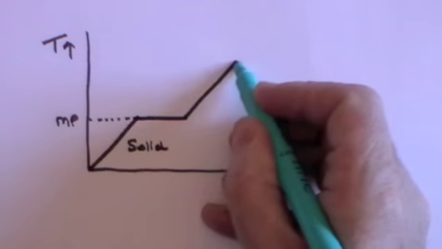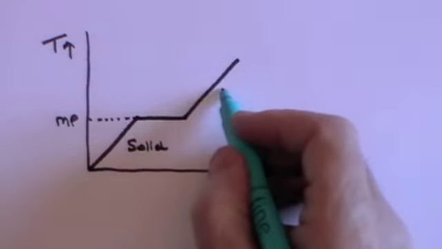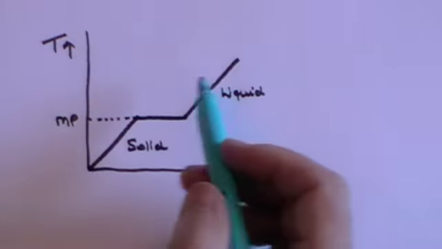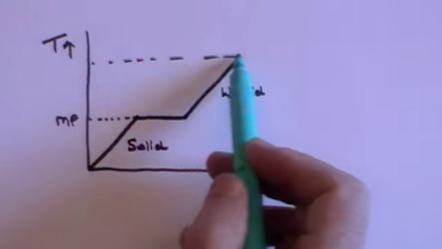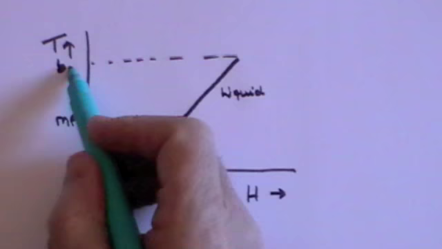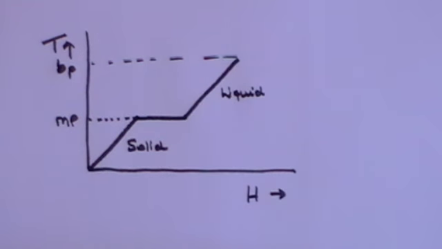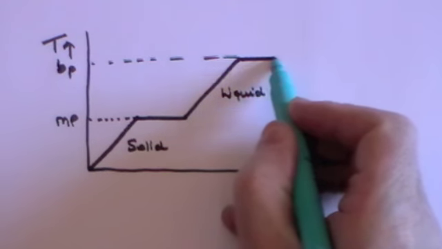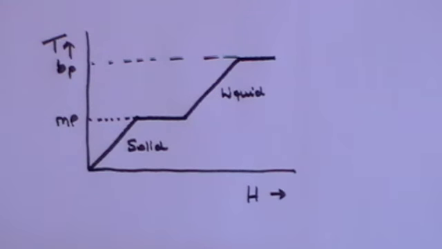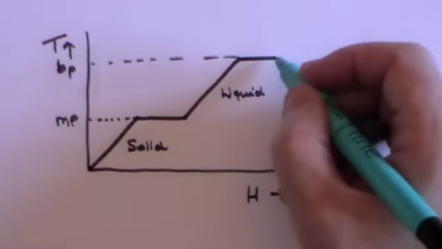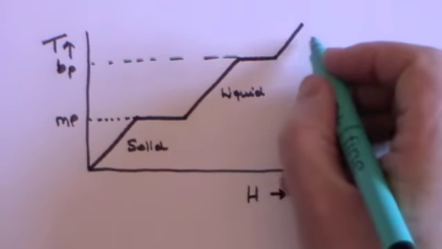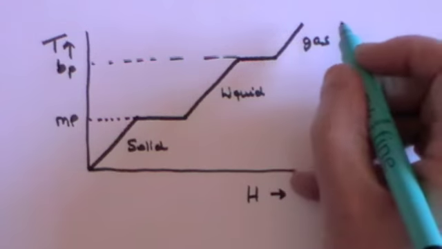Now you will raise the temperature of the liquid until you get to its boiling point. When you get to its boiling point, any further heat will now keep the temperature the same but change the state to gas. And when it's all changed to gas, if you keep heating, the gas itself will get hotter.